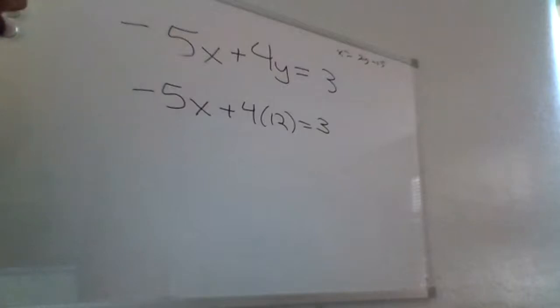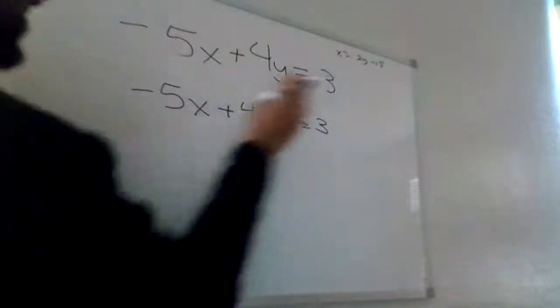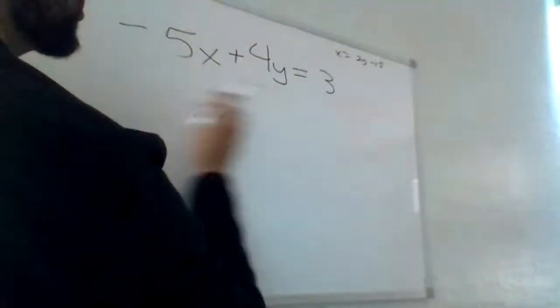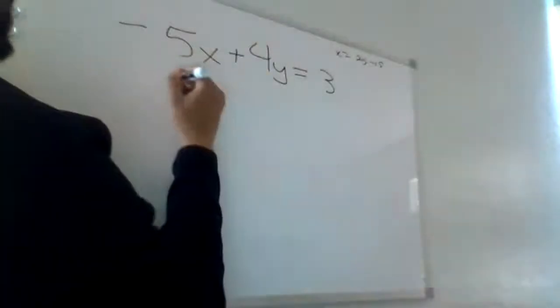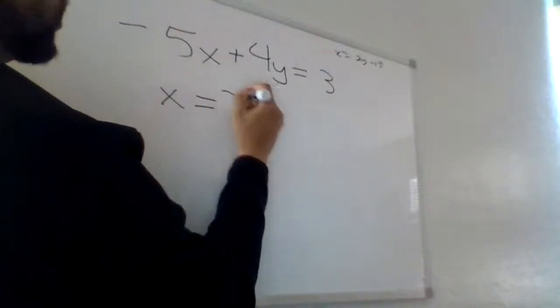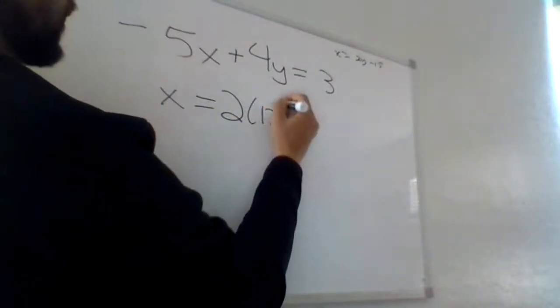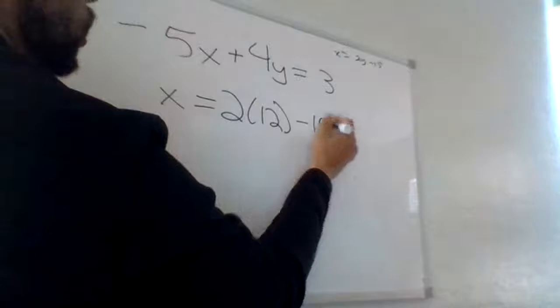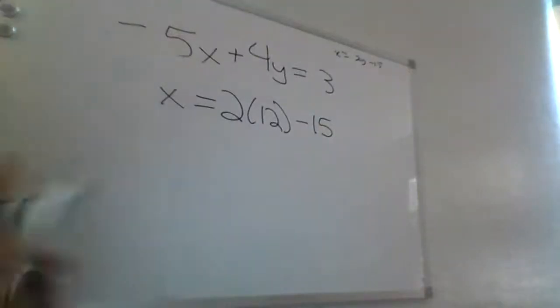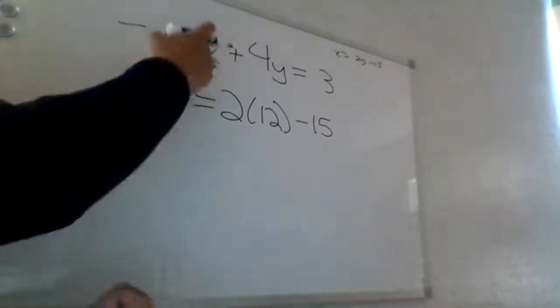I solved the problem separately. I did the x formula. Yeah, there are several ways to do it. Okay, so that's one way. So you said you felt more comfortable saying x equals 2 times 12 minus 15. Why did you choose to do that as opposed to plugging it into this equation?